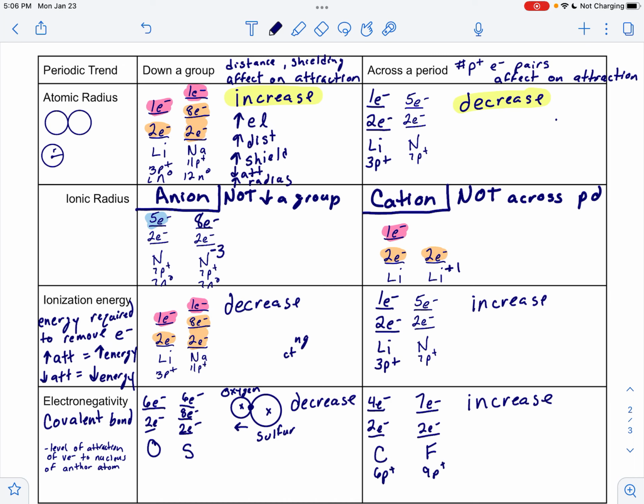As we go across a period, there's going to be more proton-electron pairs, which means there's going to be more attraction, which means we are going to have a smaller atomic radius.